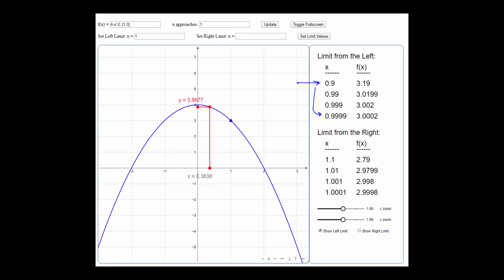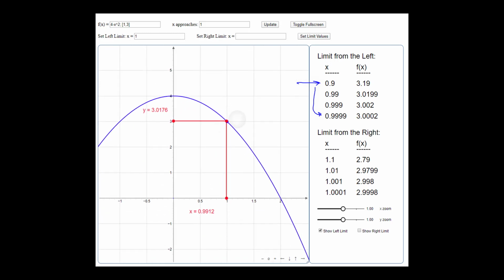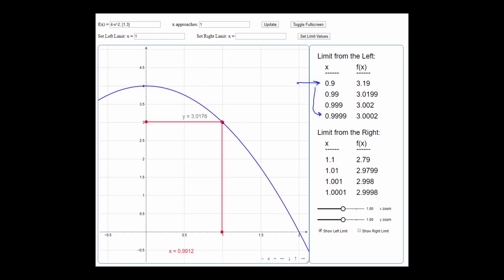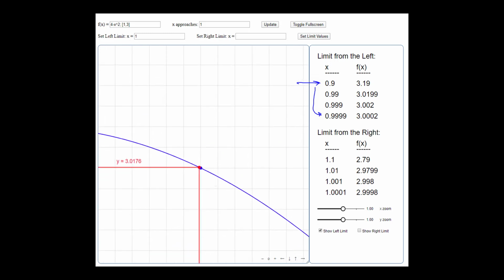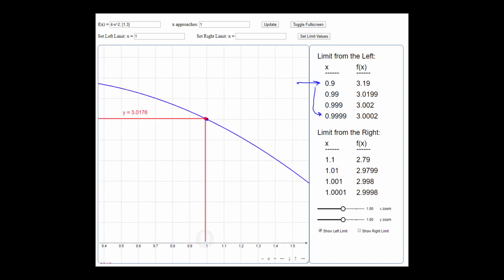As we allow x to get closer and closer to 1, the y values get closer and closer to 3. And even if I zoom in on this region really far, try and zoom in as much as I can, and I try and get really close to 1, I still get values that are really close to 3.